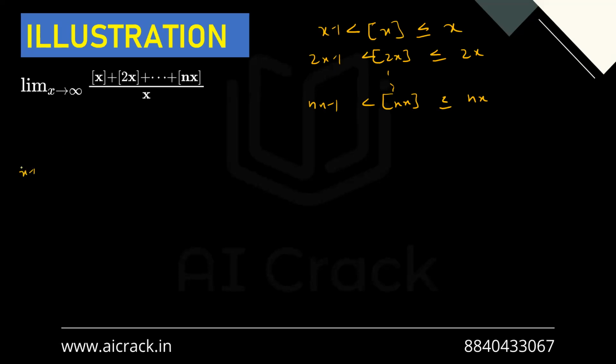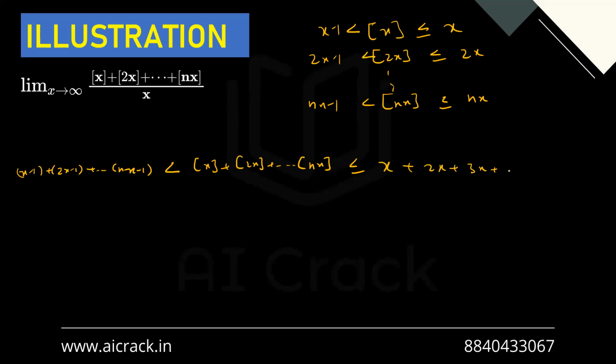So we have x minus 1 plus 2x minus 1 till nx minus 1 is less than GIF x plus GIF 2x till GIF nx, which is less than or equal to x plus 2x plus 3x till nx, right? Now we divide the entire inequality by x, because x is approaching positive infinity.